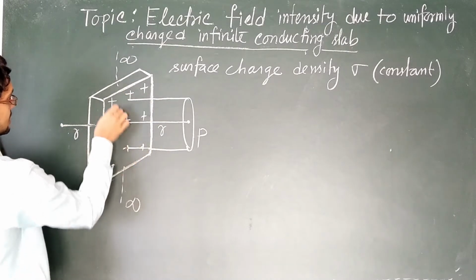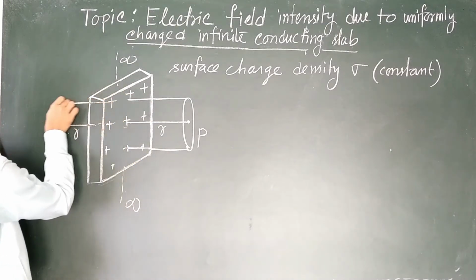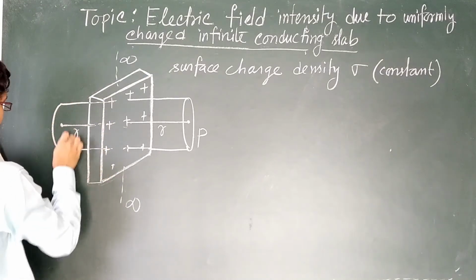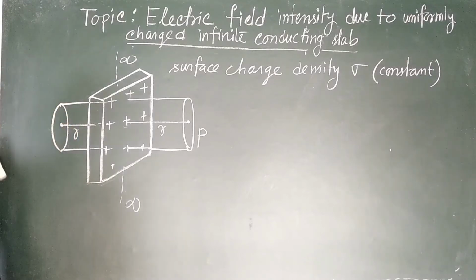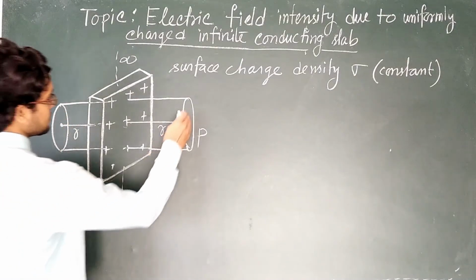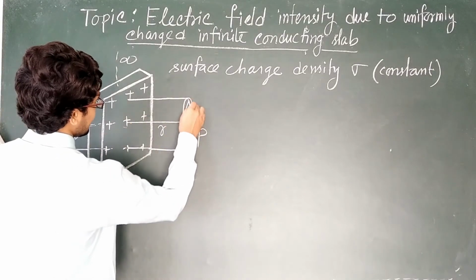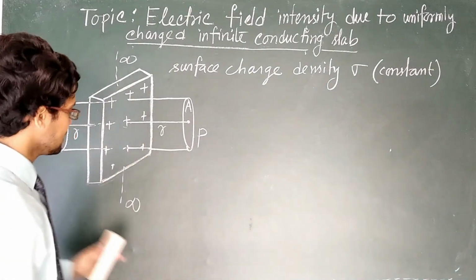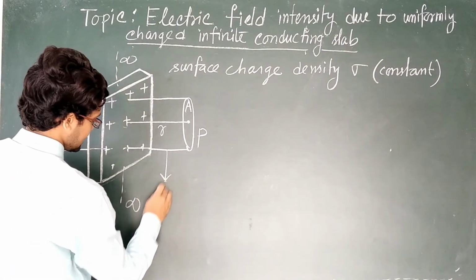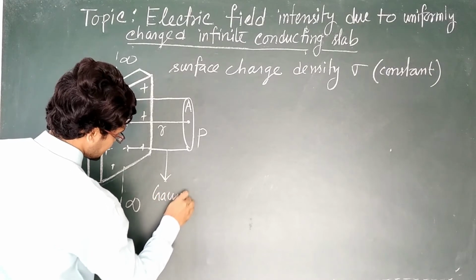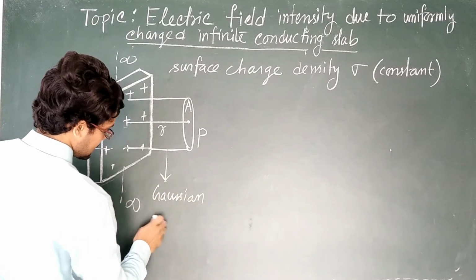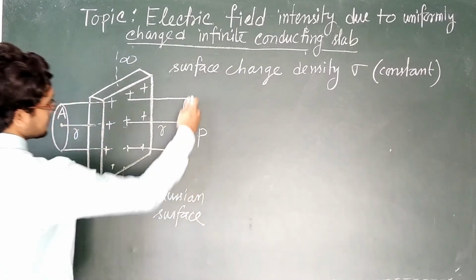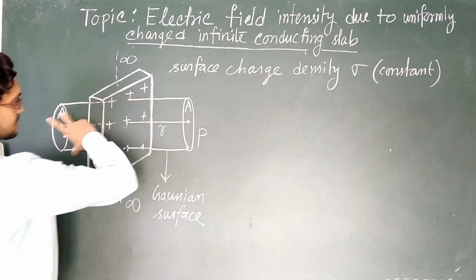These two flat surfaces I am taking as A and A. So this is the cylinder and this is the Gaussian surface, and here also the Gaussian surface has three different surfaces: two flat surfaces and one curved surface.